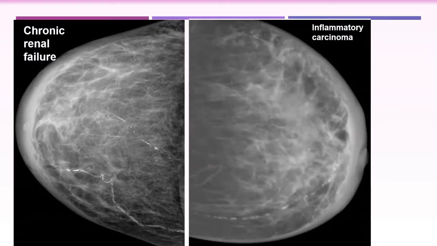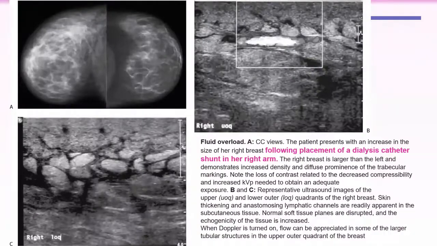And this is an example of fluid overload. The patient had a dialysis catheter put in her right arm, a catheter shunt, and immediately she developed edema in the ipsilateral breast. Here the cause is obvious. It's fluid overload. They can remove the catheter and it will definitely resolve.